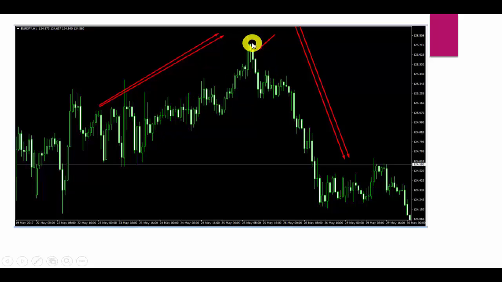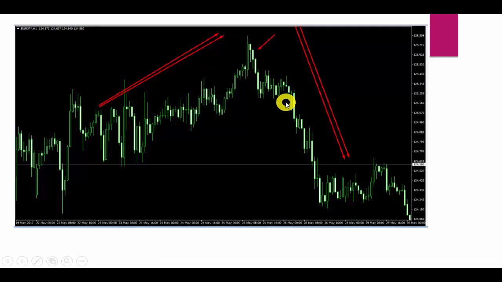Once again, the conditions: first candle downward, second candle also downward, and third candle downward with no lower shadow. Then we wait for some retracement, this highest point would be our stop loss, and we adjust our take profit with a 1:1 or 1:2 ratio.